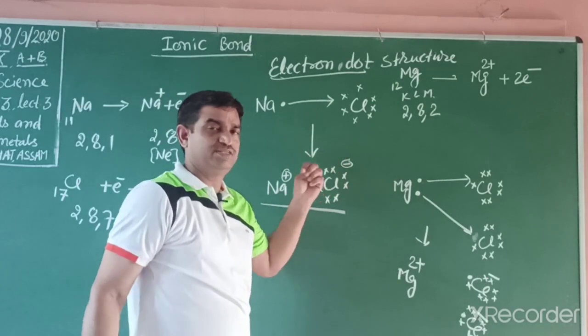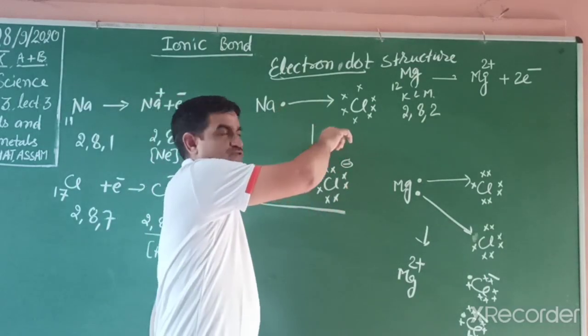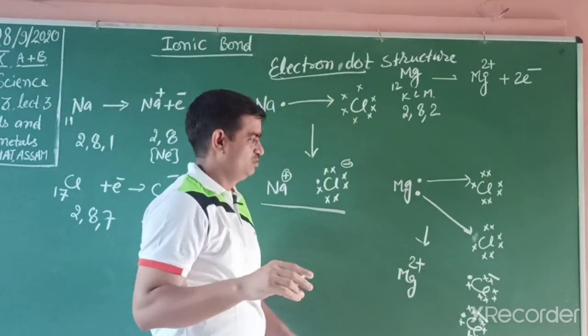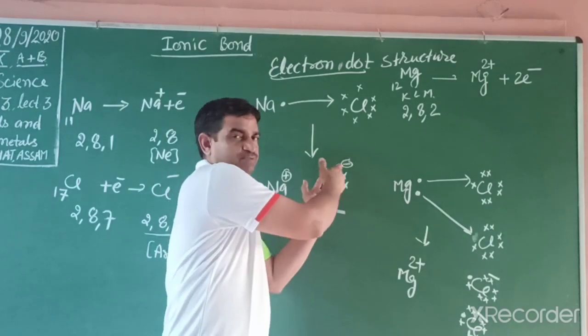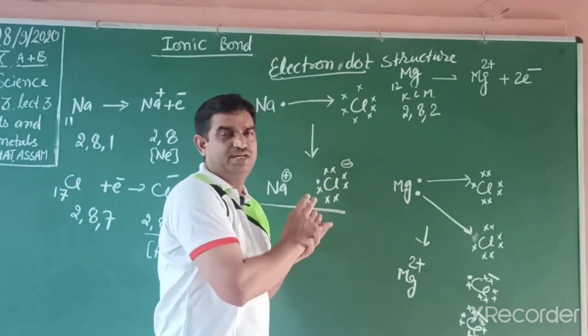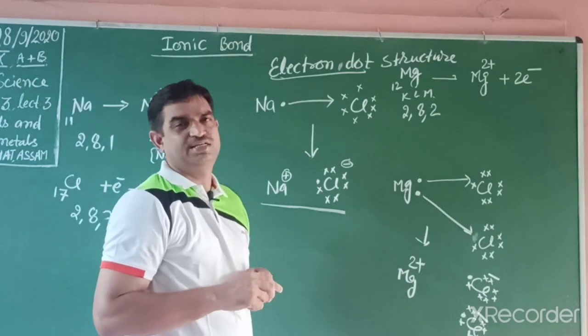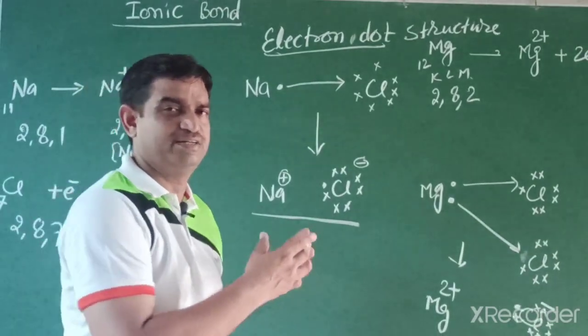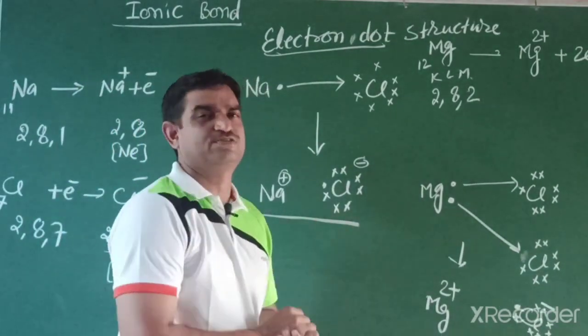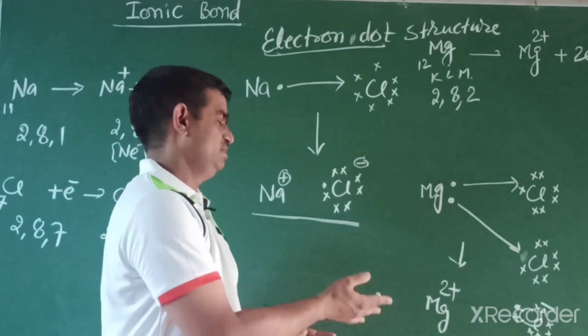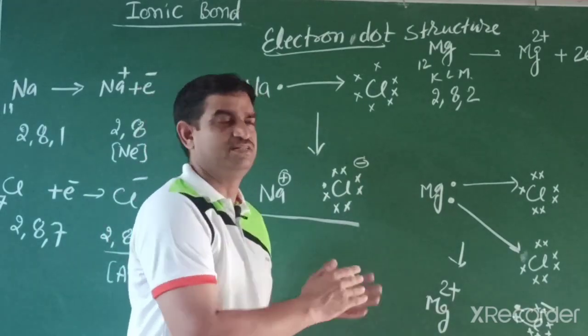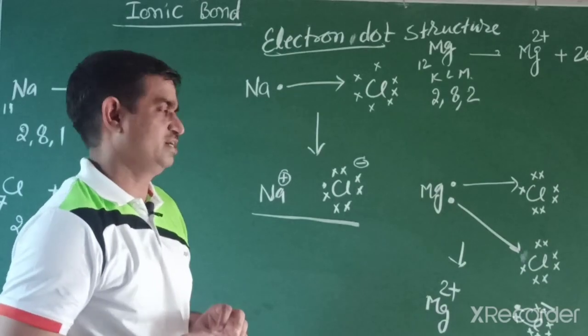Because the last shell electrons we represent as a dot or a small cross. Why do we represent cross and dot? Because one element we represent by a dot, the other element by a cross, to understand the different electrons. Actually, we can't differentiate which element has which electron.